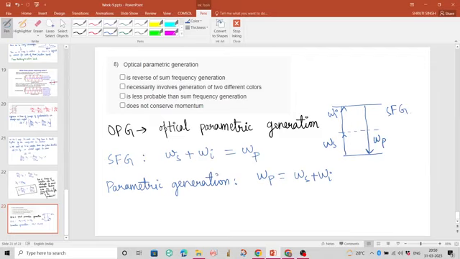So this part is the reverse of this. So the first option for this question is obviously correct: optical parametric generation is the reverse of sum frequency generation. But this process is a difficult process.